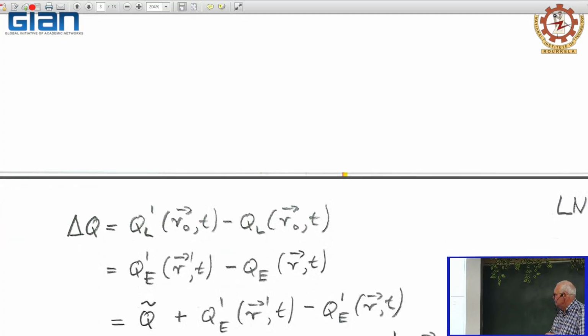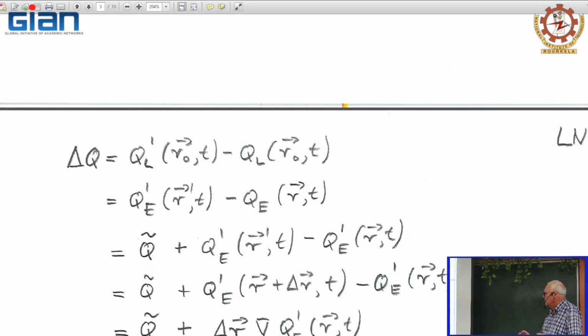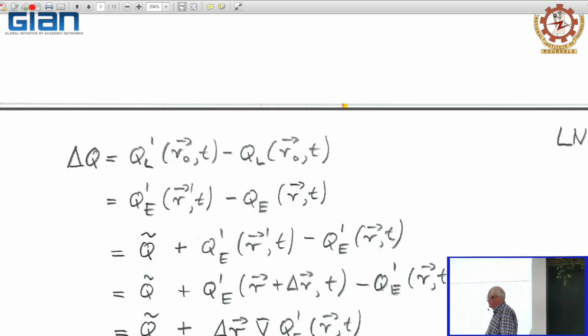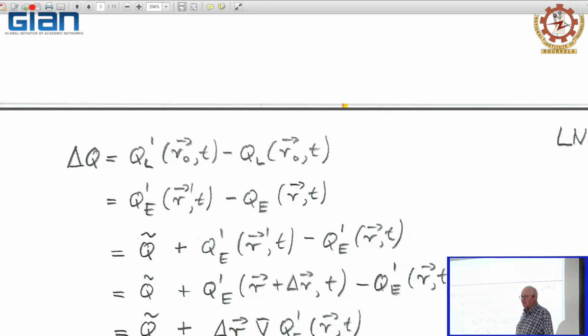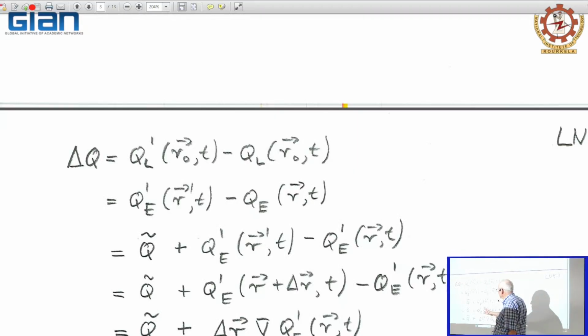To find this, we use the definition and try to get a relation between Lagrangian and Eulerian variation of a quantity Q. By definition, delta Q is QL dash minus QL at the position r0.